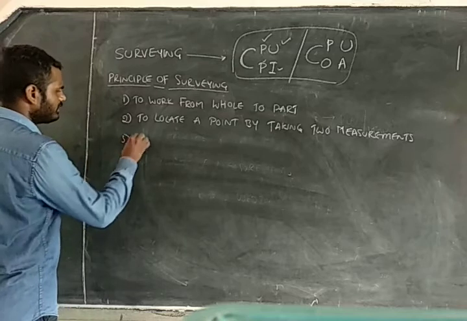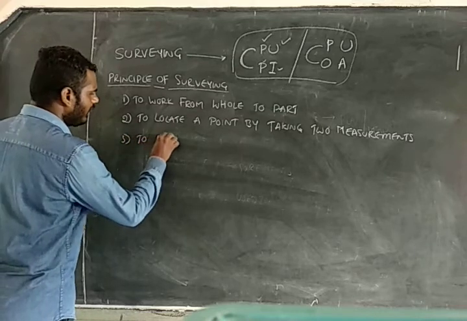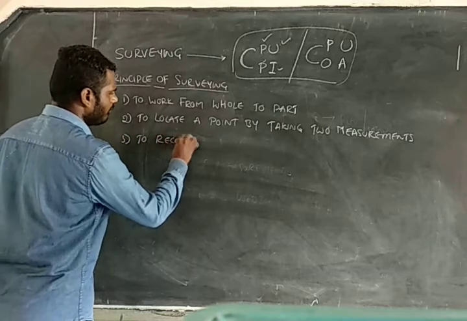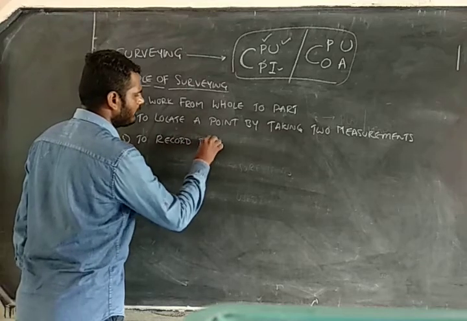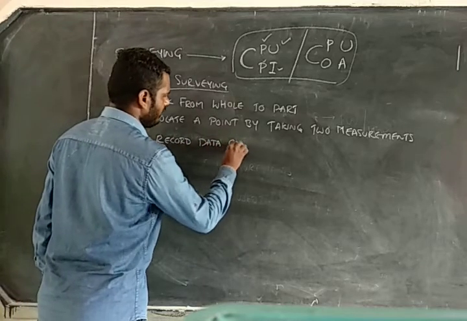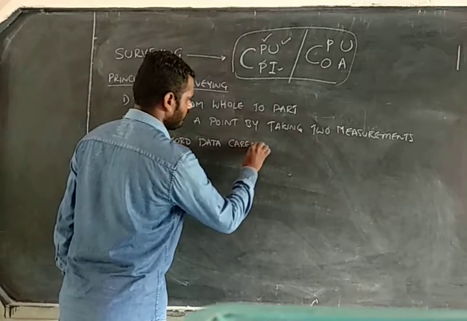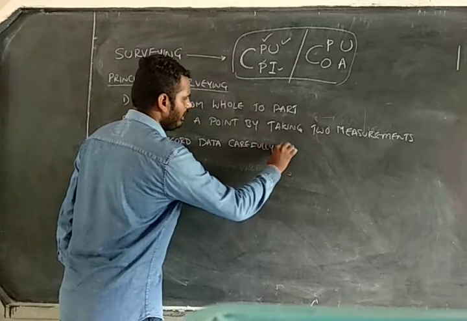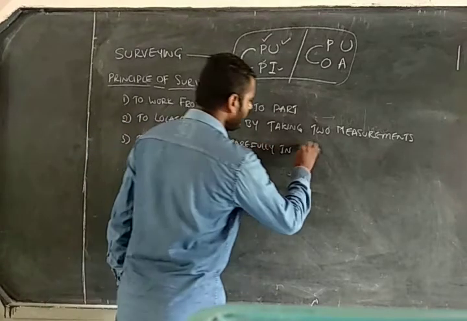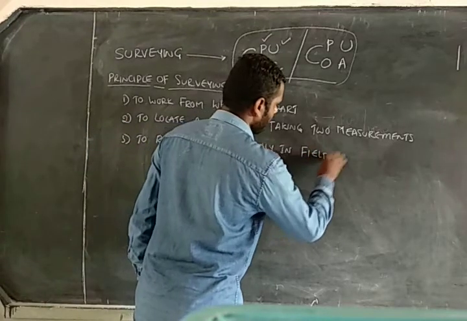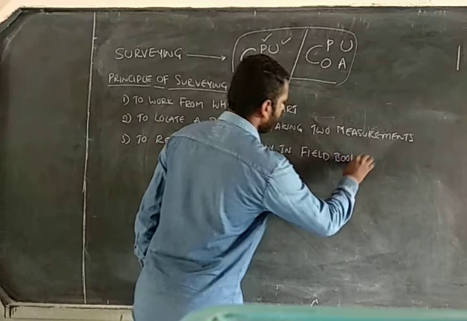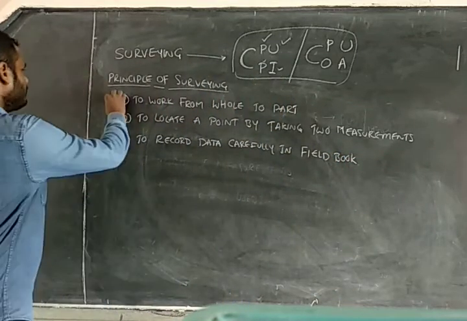And the third one is to record data carefully in the field book. So these three are the major principles of surveying.